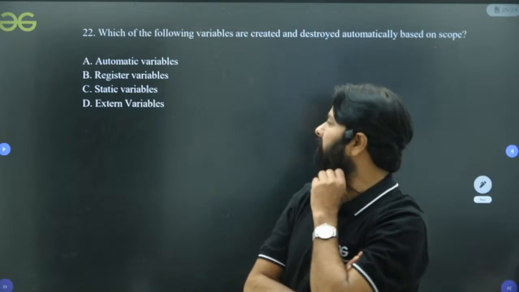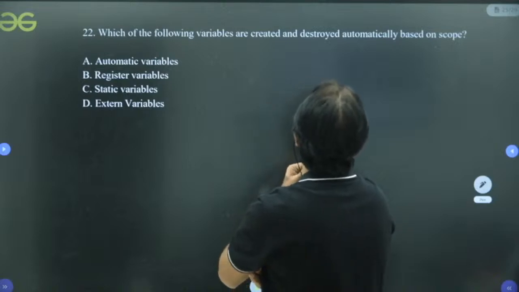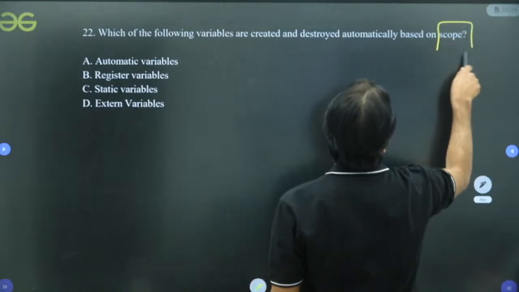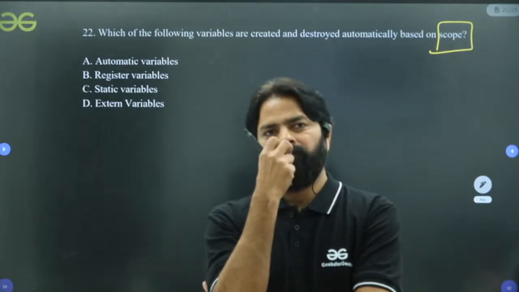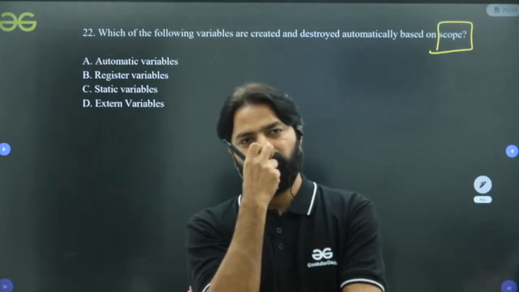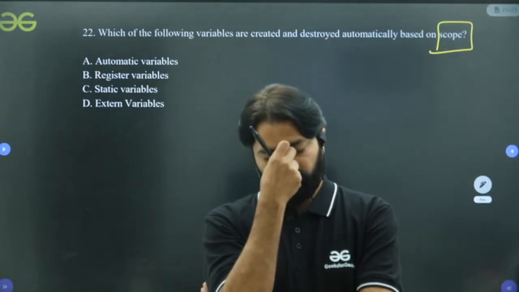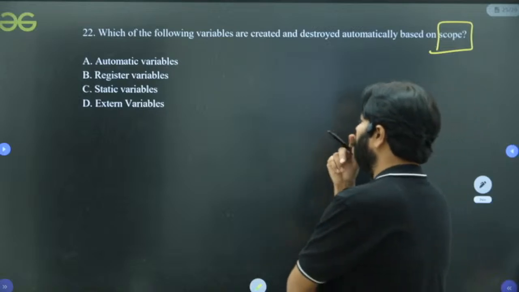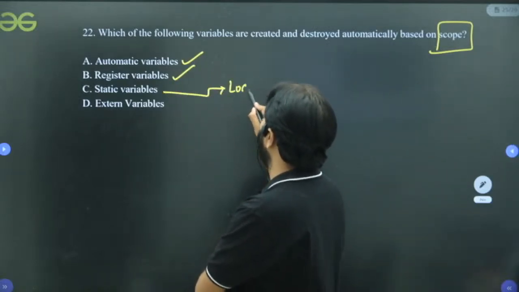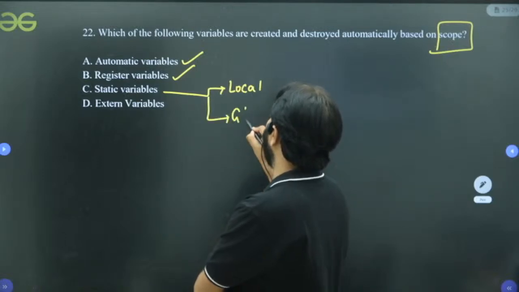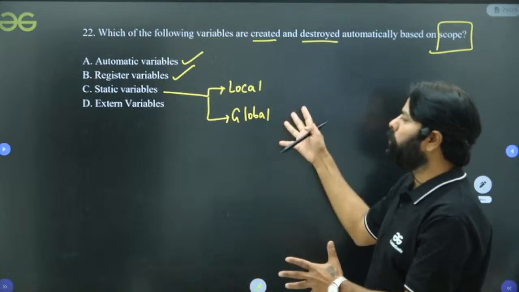AB or ABC? Which of the following variables are created and destroyed automatically based on scope? The problem, the A and B everybody answers, but static variables, there are two types, local and global. But created and destroyed will never happen based on the scope, correct or not?